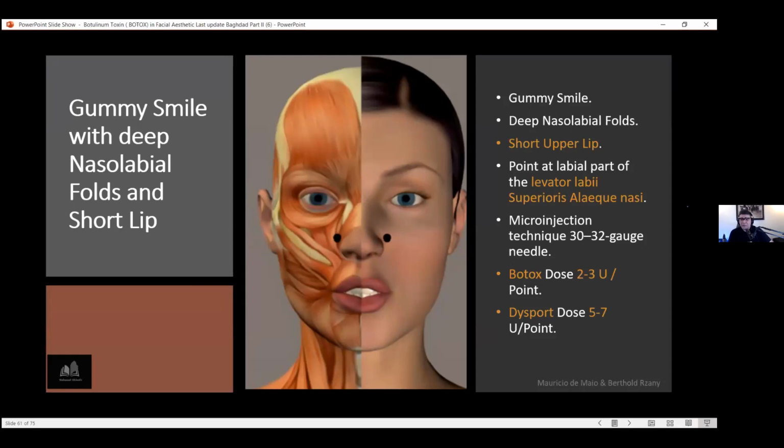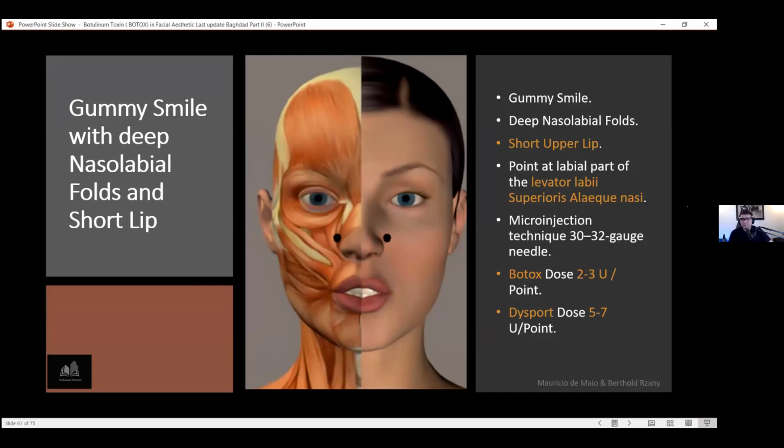You ask your patient to show his or her teeth with an excessive smile, as I said, static and dynamic smile. So I will ask for a dynamic smile because I'm working with botulinum toxin, which helps the dynamic part of the smile.